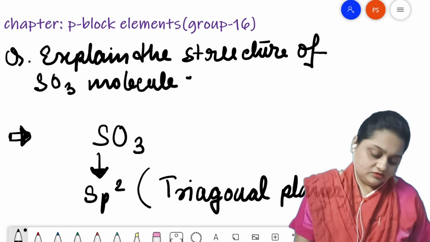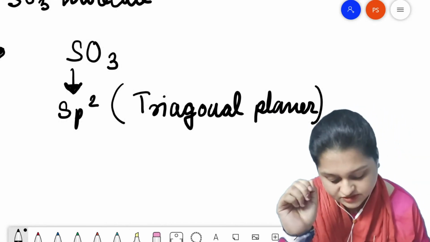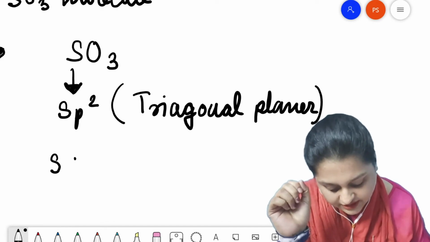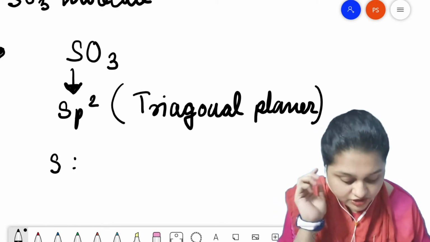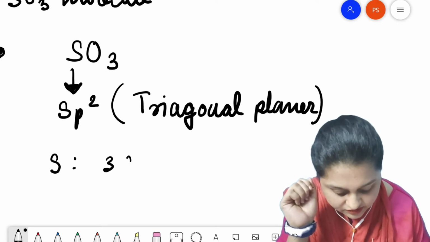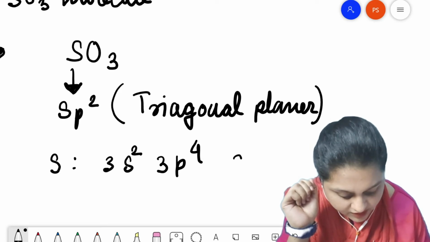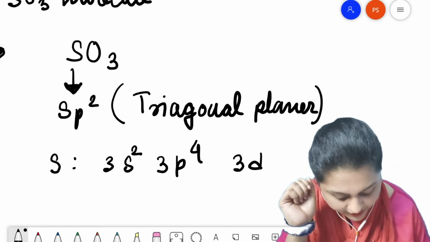But the structure is somewhat peculiar in nature. Let's see the hybridization, how it is formed. Now, sulfur has 3s2, 3p4 and 3d0 vacant orbital.